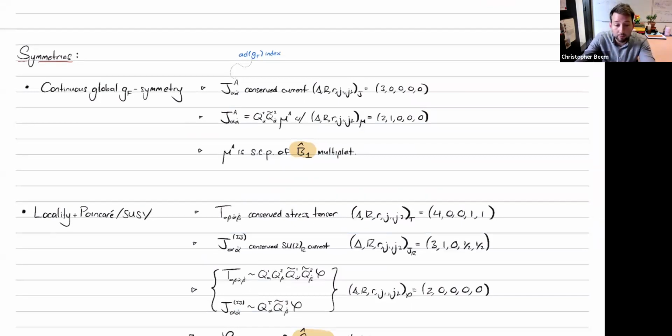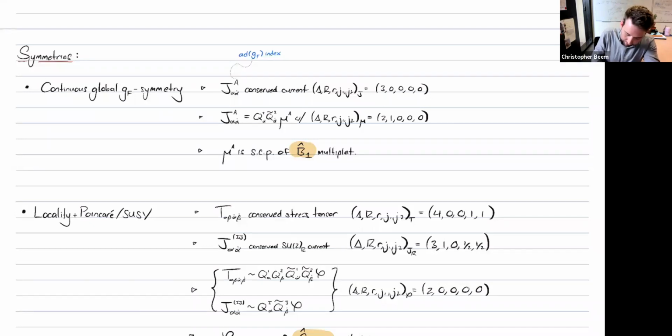As we know from the context of ordinary conformal field theory, when you have continuous symmetries, they have some immediate, not boring, but non-sophisticated repercussions for the spectrum. So if you have some continuous global symmetry, then there's going to be a conserved current associated to it. That's the usual story.